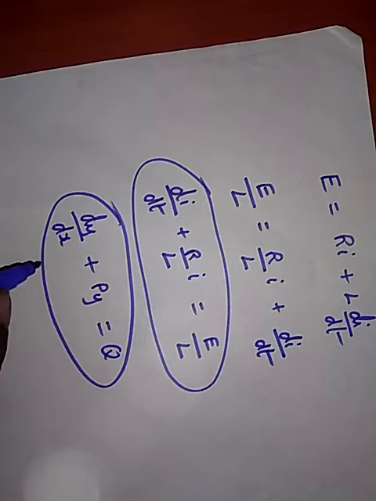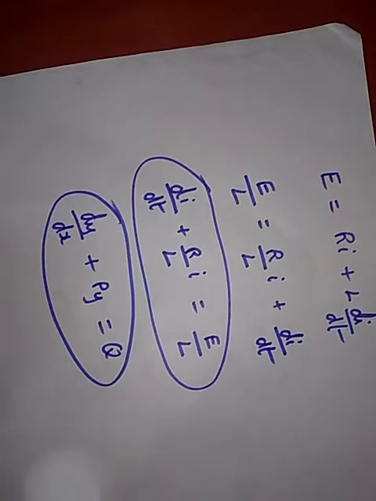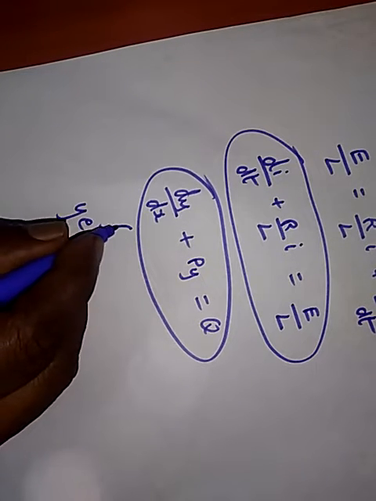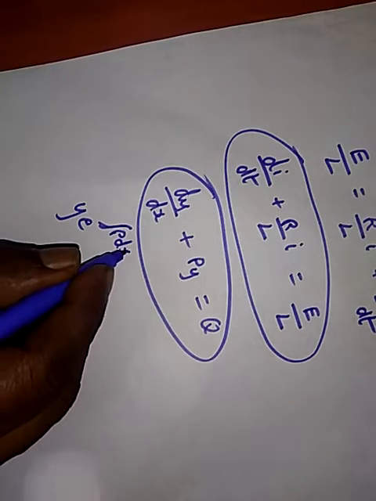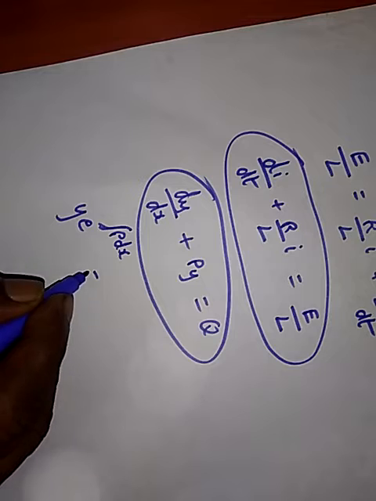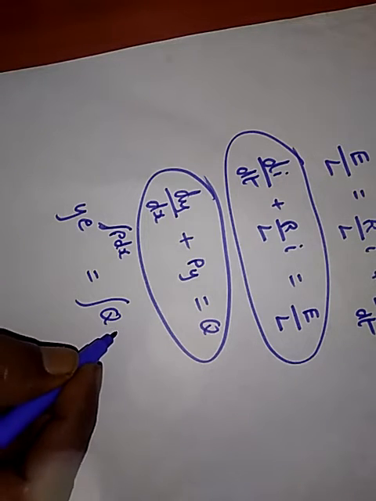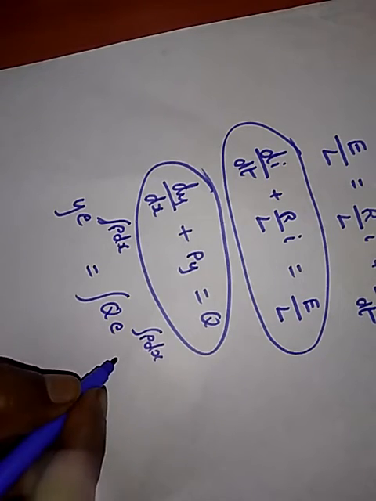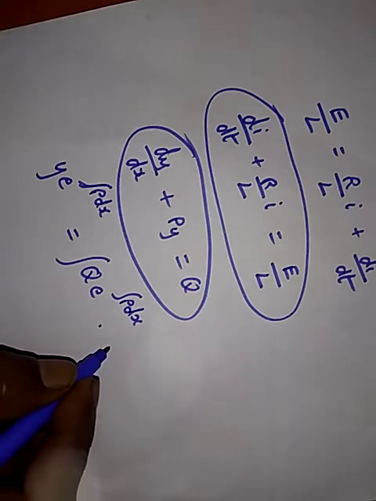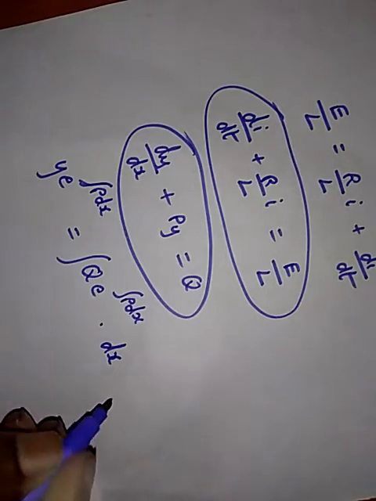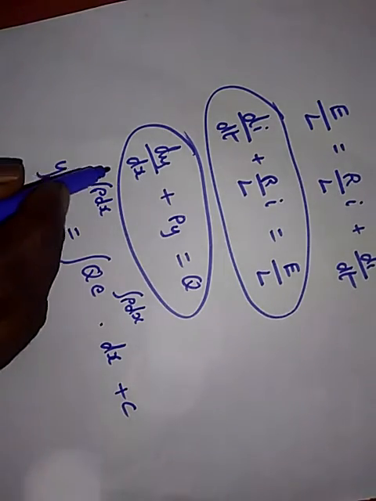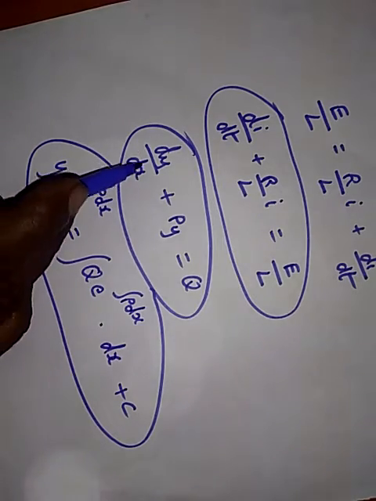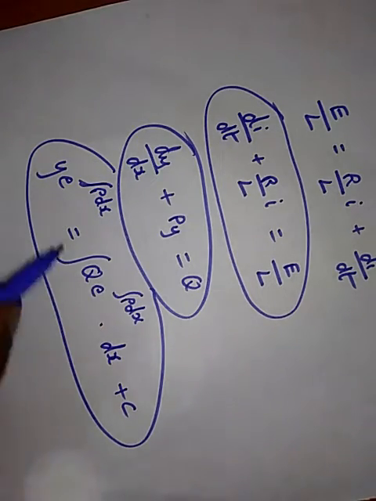The solution of this equation is y e power integral p dx, which is equal to integral q e power integral p dx into dx plus c. So if the equation is of this form, then this is the solution.